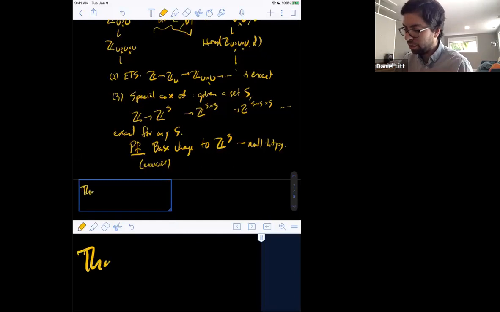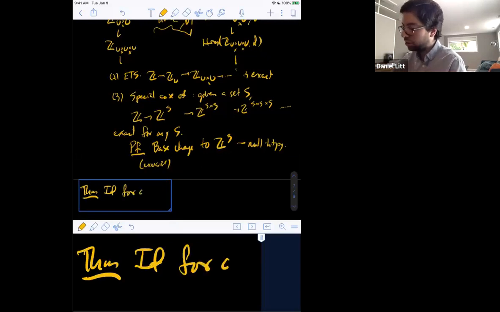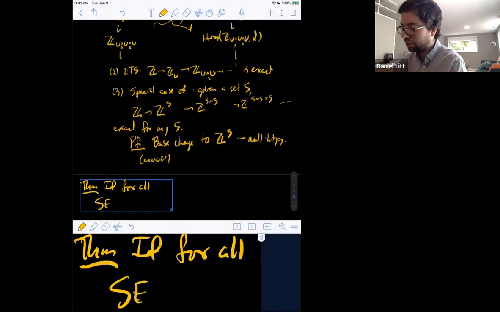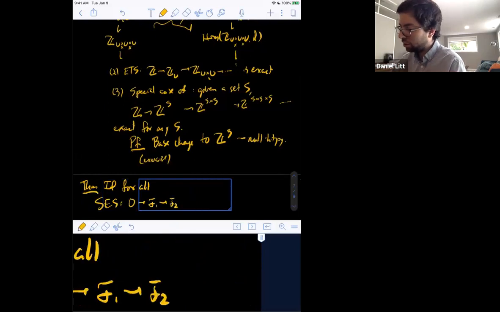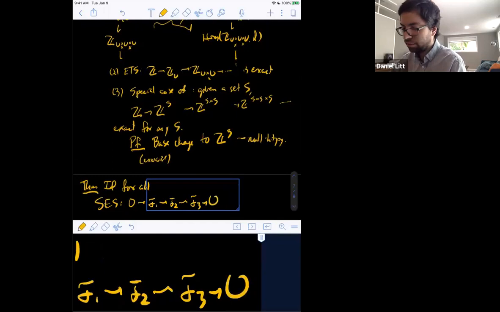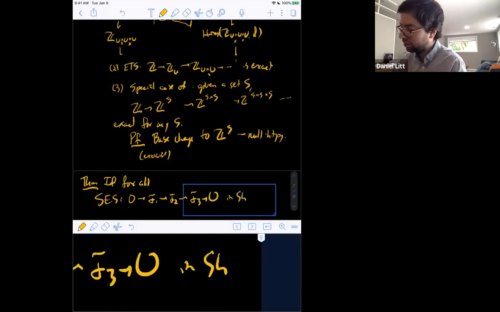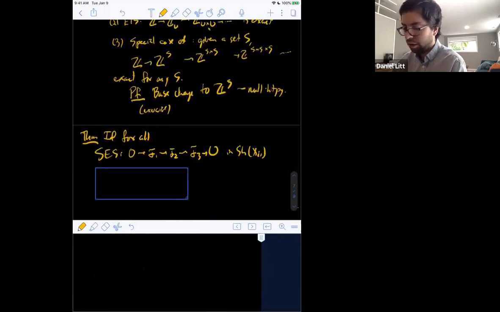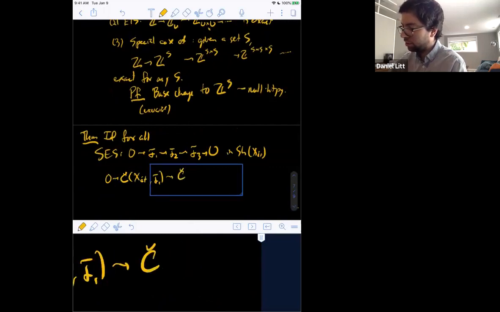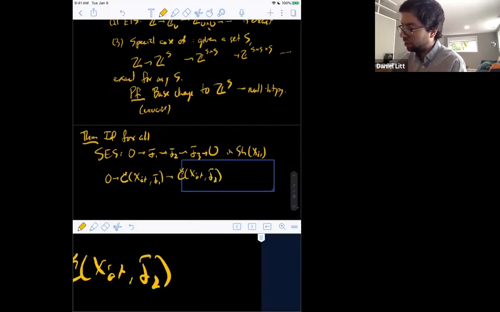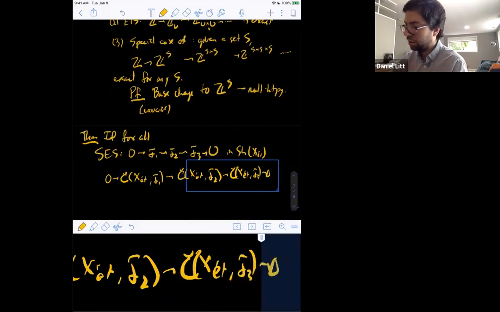So the theorem is, and this is a general theorem about Čech cohomology and derived functor cohomology, that if for all short exact sequences of sheaves, 0 to F1 to F2 to F3 to 0, in sheaves on X étale, then the induced sequence 0 to the direct limit Čech complex of F1 to F2 to F3 to 0 is exact.